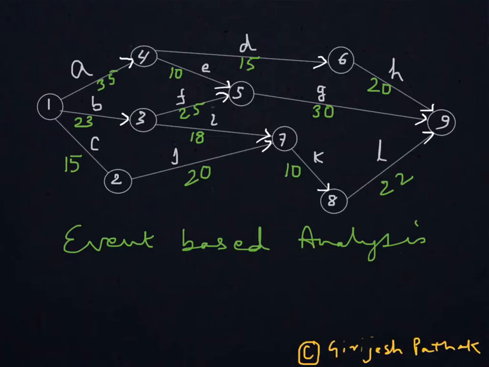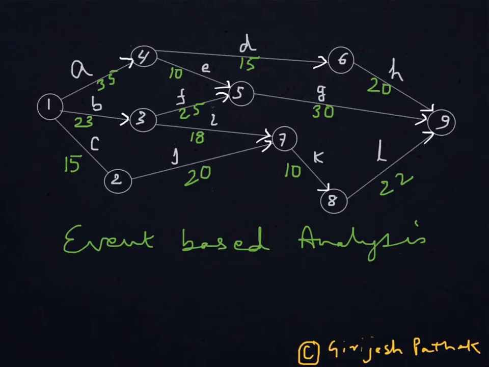Similarly, node 2 is an event which indicates that activity C is over and J is ready to start. Node 7 indicates that activities I and J are over and K is ready to start.